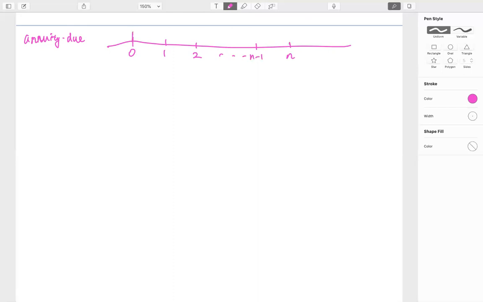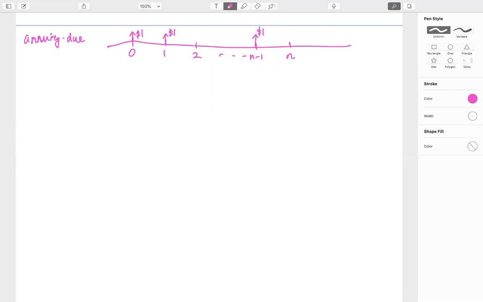So the first payment now is at time 0, and it goes all the way to n-1. Now we think the payment is made at the beginning of each year. So my first payment is received at time 0 because time 0 is the beginning of year 1. My last payment is received at n-1 because n-1 is the beginning of the nth year.